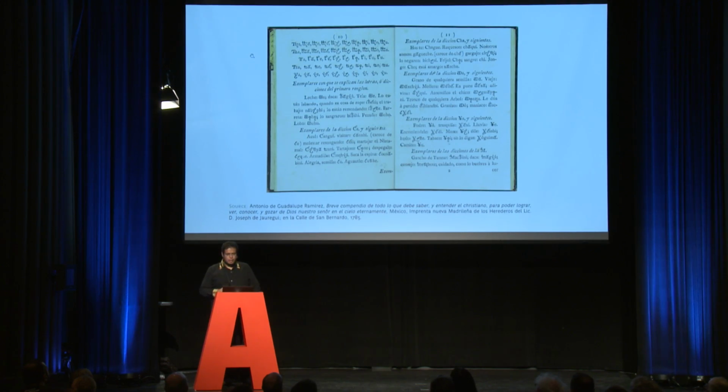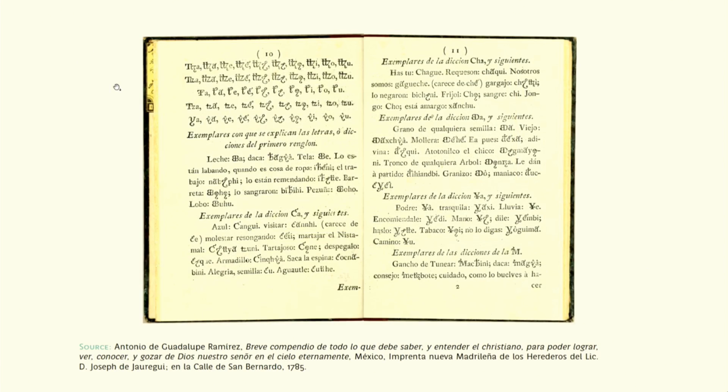Then we have some examples. Here is one from the 17th century. And this is one for Otomi language. We can see the characters over there. They needed to put the sounds in any way.